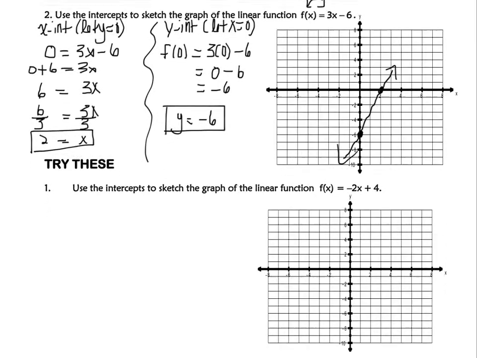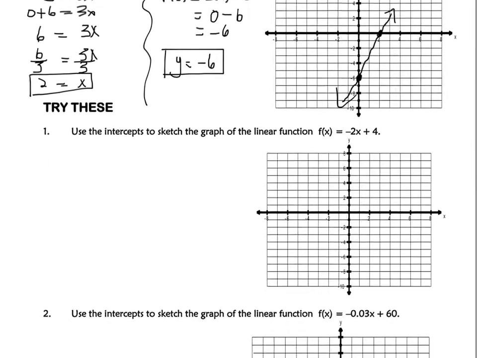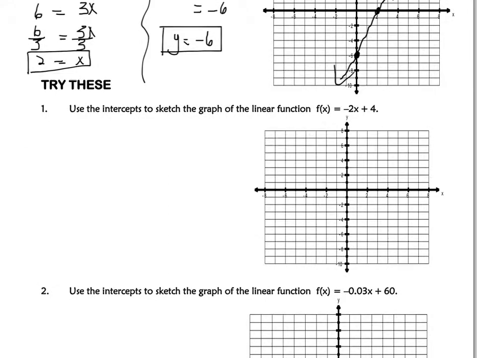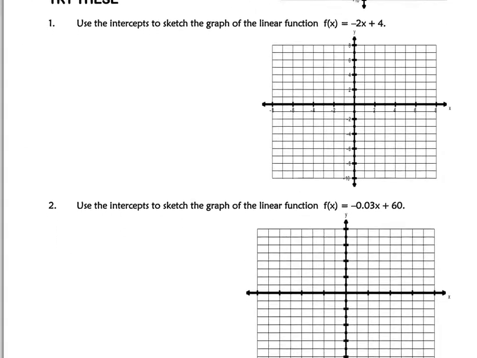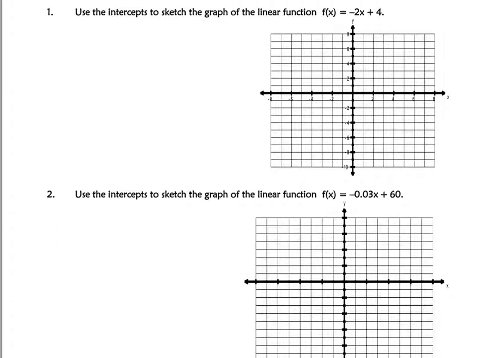Next example for you to try. X-intercept at y be 0. So you'd have 0 equals negative 2x plus 4.